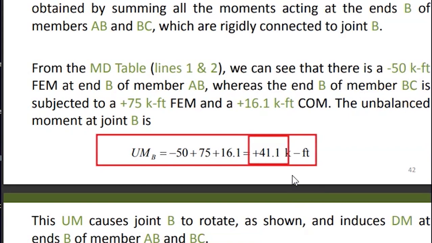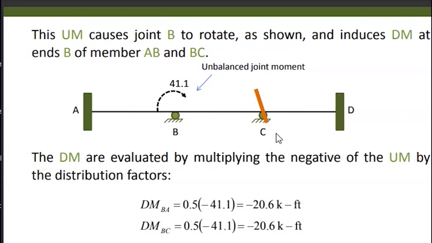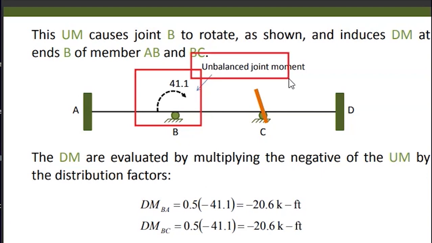Now this is the excess moment at joint B. Now let's proceed. Now the excess moment at joint B is unbalanced and should be balanced. Now how can you balance? In order to balance, you must multiply with its respective distribution factor, as we did at another point.